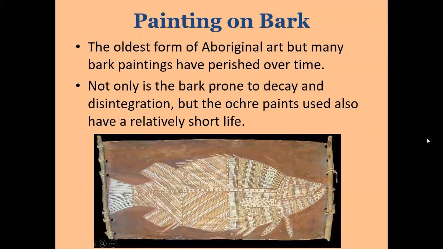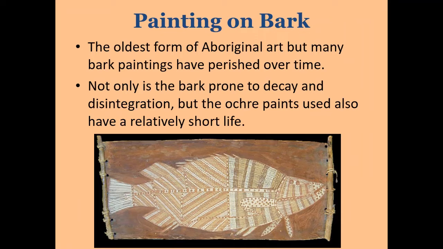Okay, I wanted to circle back a little bit because we talked about that fish on that first slide. It was really interesting to see some pictures that they found on bark. To me, that's a really ingenious way of making paper, and it was able to be preserved for thousands of years for us to have pictures of it now.